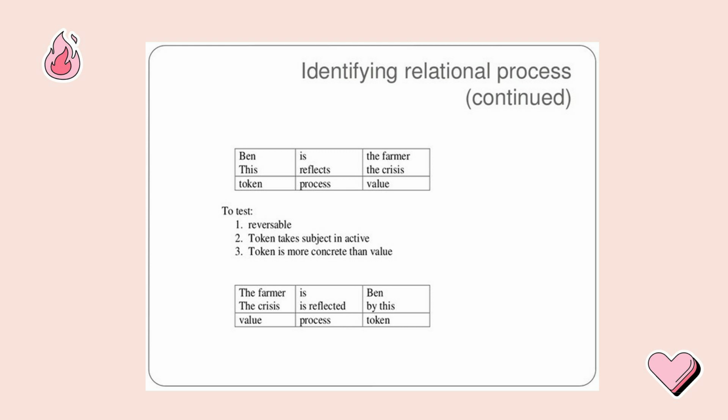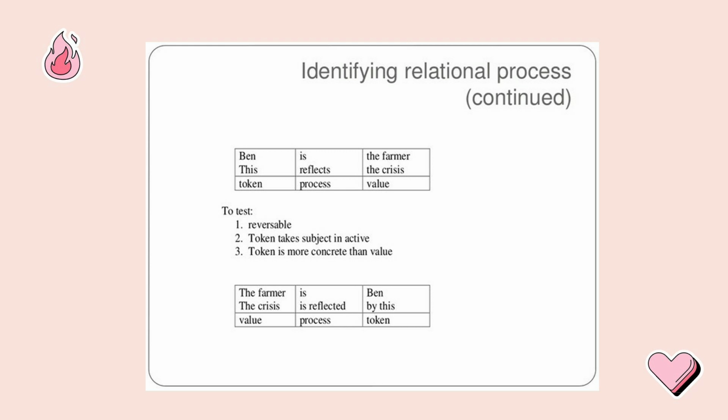The next example is "This reflects the crisis." This is a token, reflects is a process, and the crisis is a value. It is to test: first, reversible. Second, token takes subject in active. And third, token is more concrete than value.